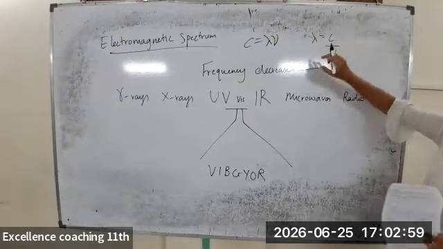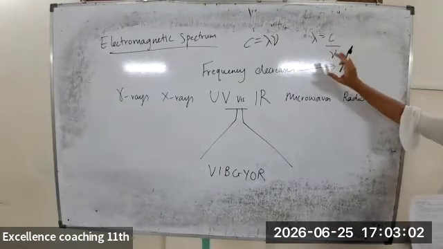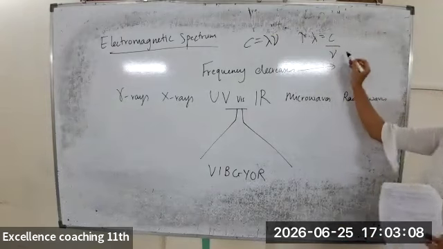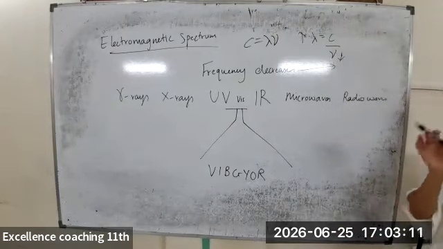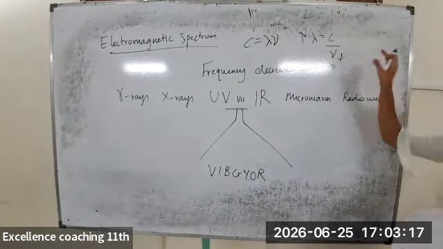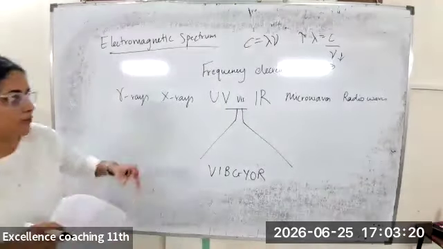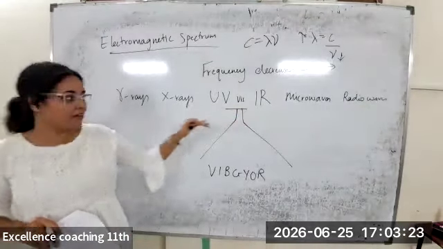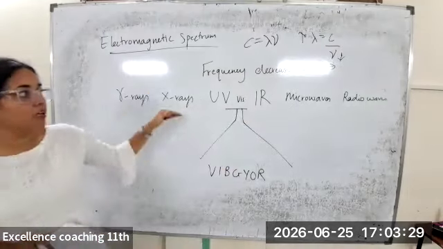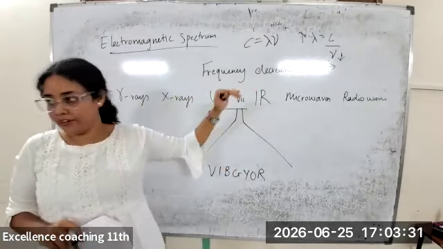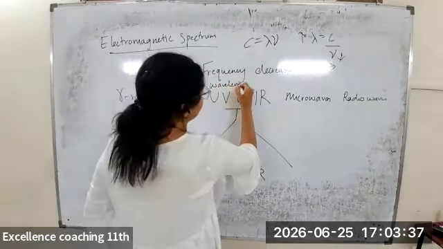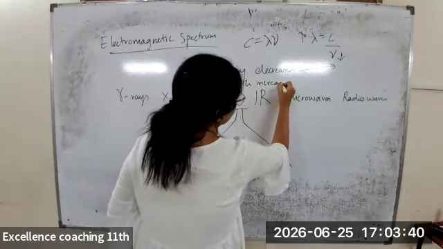If the wavelength increases, the frequency should decrease, because they are inversely proportional. If one parameter increases, the other should decrease. Since the frequency decreases from gamma rays to radio waves, the wavelength should increase. So the wavelength increases.